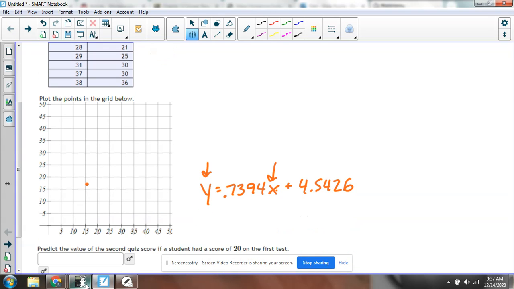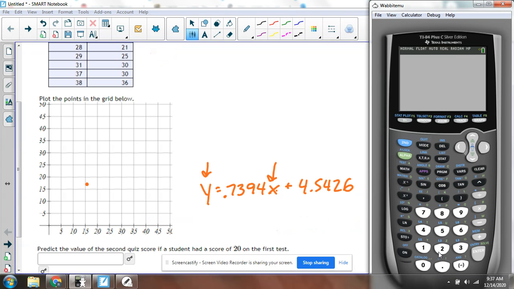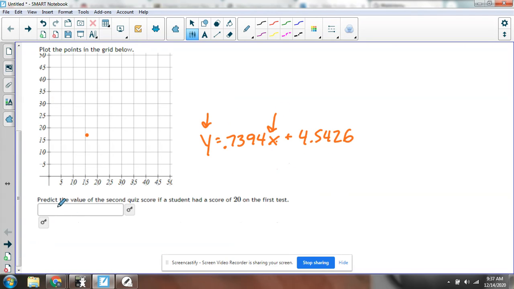So I'm just going to plug in 20 for the value of X. So I have 20 times 0.7394 plus 4.5426. So it looks like they got 19.3. I don't know how they rounded it, but we could just say 19.